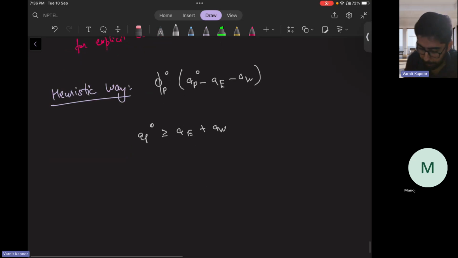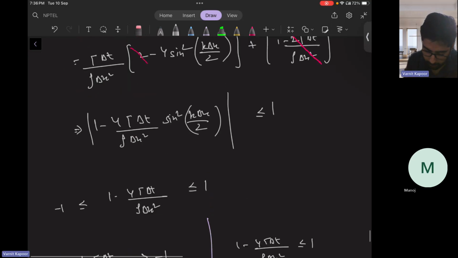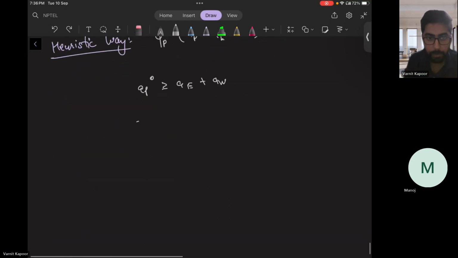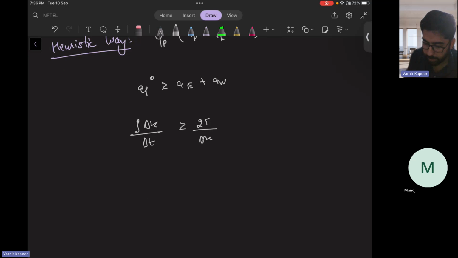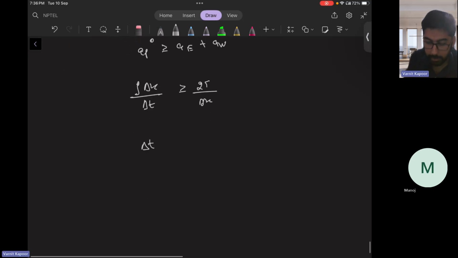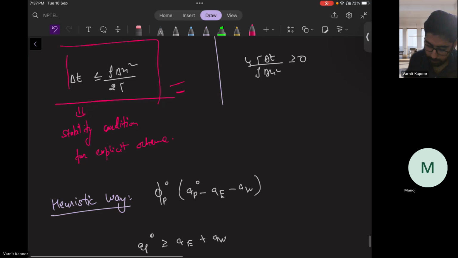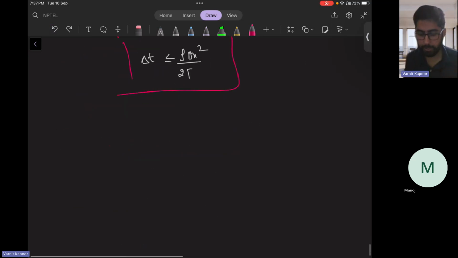And you know that AP naught is rho del x by delta t, and you have written AE and AW from that. So rho del x by delta t must be greater than 2 gamma by del x. Therefore, you can say delta t is less than or equal to rho del x square by 2 gamma, which is again the same condition.